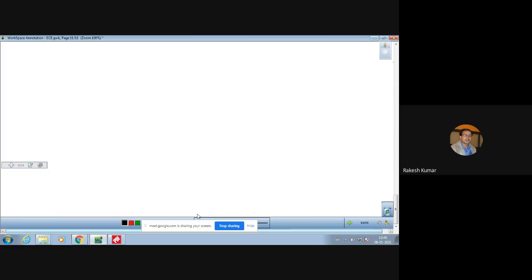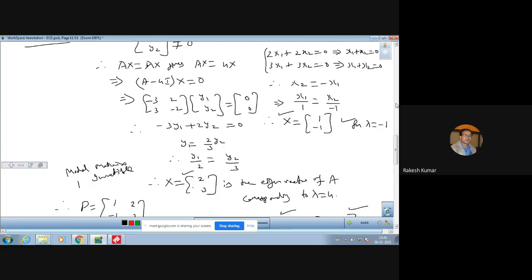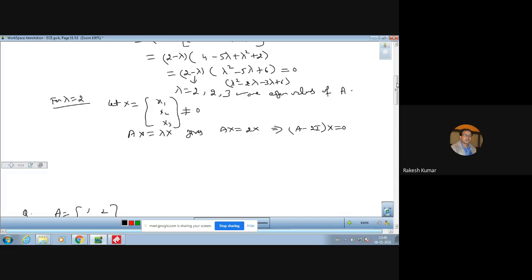So use here Ax is equal to 2x is there, so put the value of A and 2I, and it will give you, this is 0 1 0, 0 minus 1 minus 1, 0 2 2, and the x vector is x1 x2 x3, and zero vector or null vector is 0 0 0.